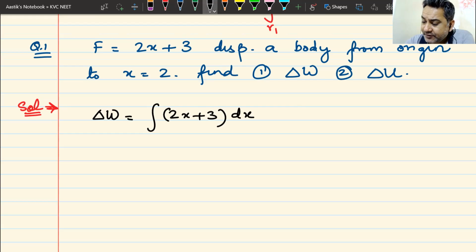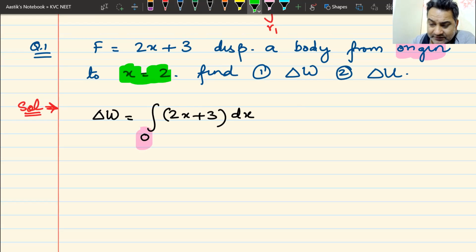It has to be integrated from the initial point, which is the origin, O or 0, to the final point, which I will color green, x is equal to 2. As simple as that.